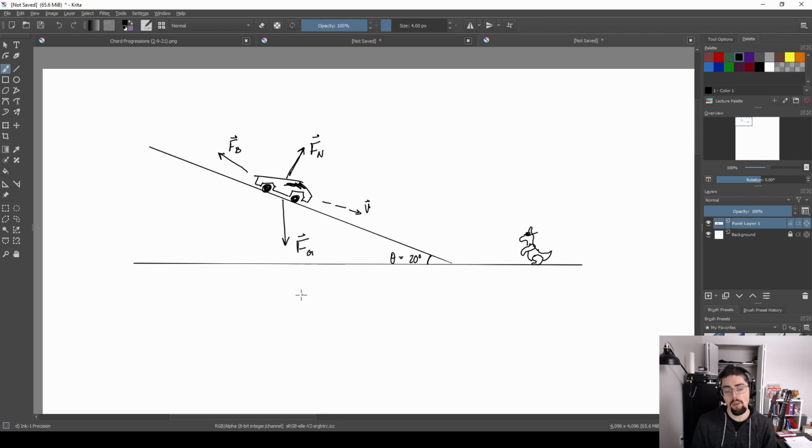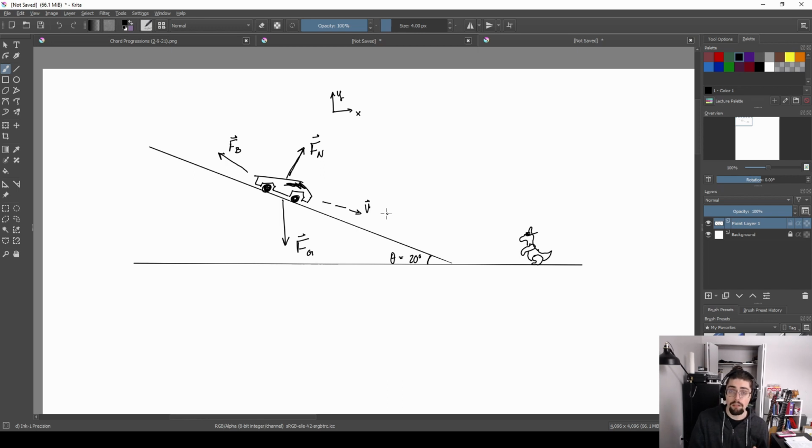But if I know that Y and X have to be perpendicular to each other, and I draw out axes like this, then gravity points along the Y-axis, but the brake force, the normal force, and the velocity are all going in both X and Y, which makes this a rather complicated problem to solve.